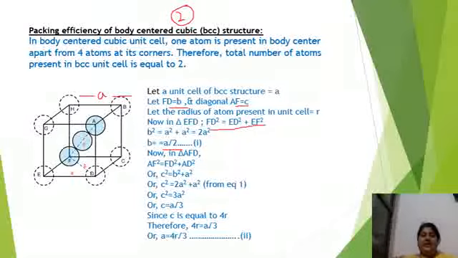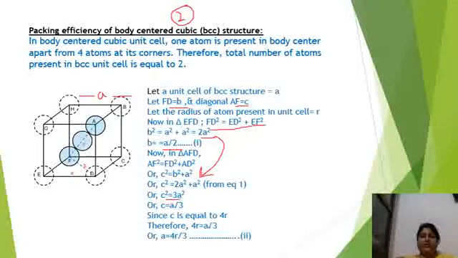Now in triangle AFD, AF square is equal to AD square plus FD square. Its length we considered as C. Okay, the value of FD is B and this one is A. See beta, the value of B square is 2A square. If we put this value over here, so what will come?